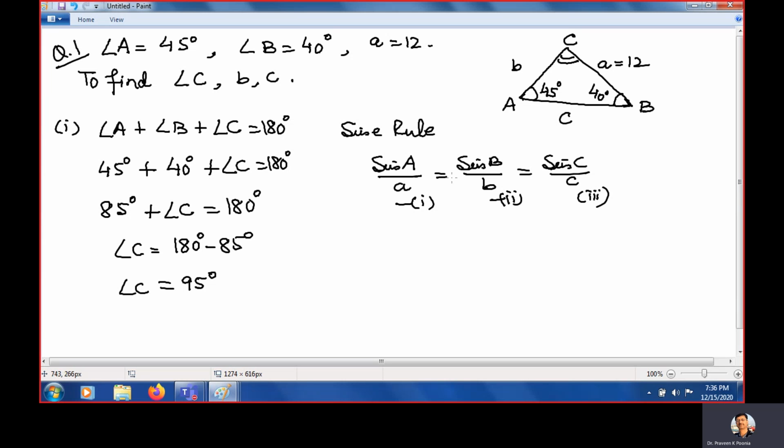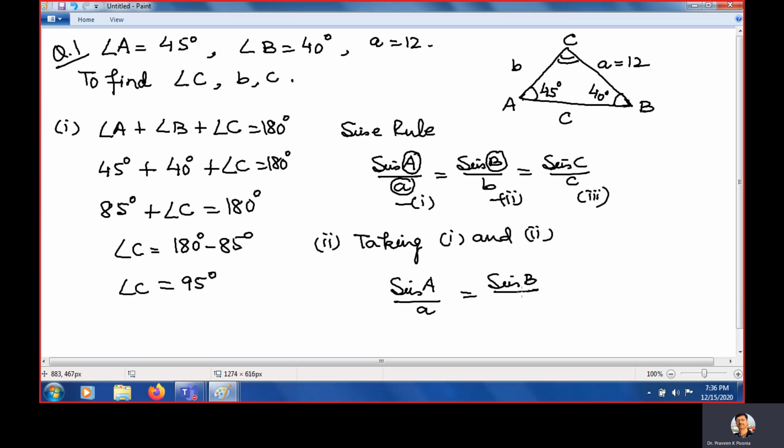Now we will check. Look, angle A is given, angle B is given, and small a is given. So we can calculate value B. So taking first and second, it is sine A upon A equal to sine B upon B. So we are taking this one.